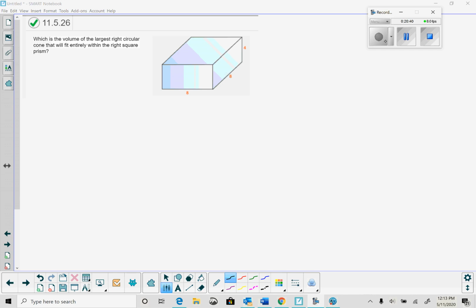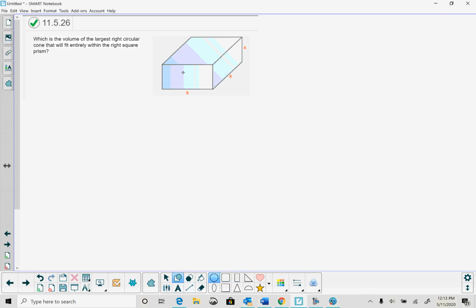Anyway, so we could use this base here that's 8 by 8, the nice square, and put in a circle that goes all the way across this base. That's not nice looking. So we could stretch it across this way and then go to the top here. Okay, that might be worth looking at.